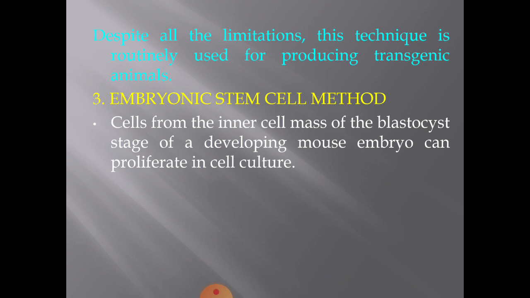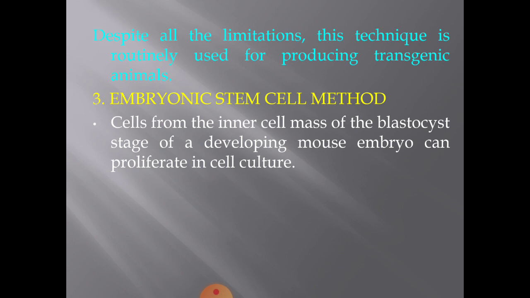I had told you that there are three methods, and out of three we had discussed two methods. One is the retroviral vector method and the other one is the microinjection method. And I had told you that despite all the limitations, the microinjection method is routinely used for producing transgenic mice.